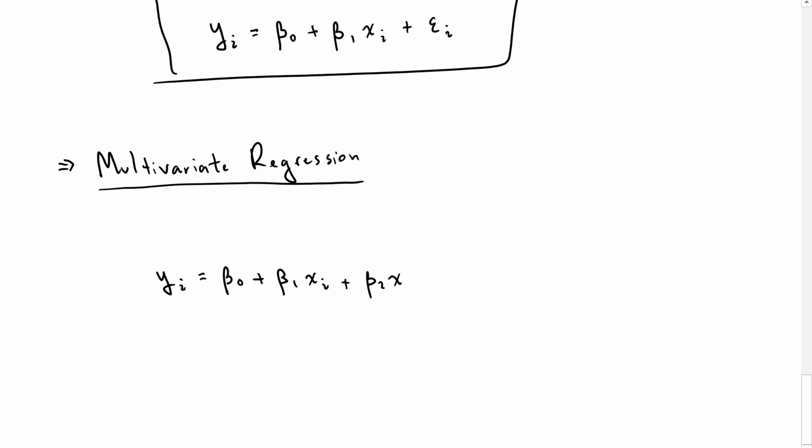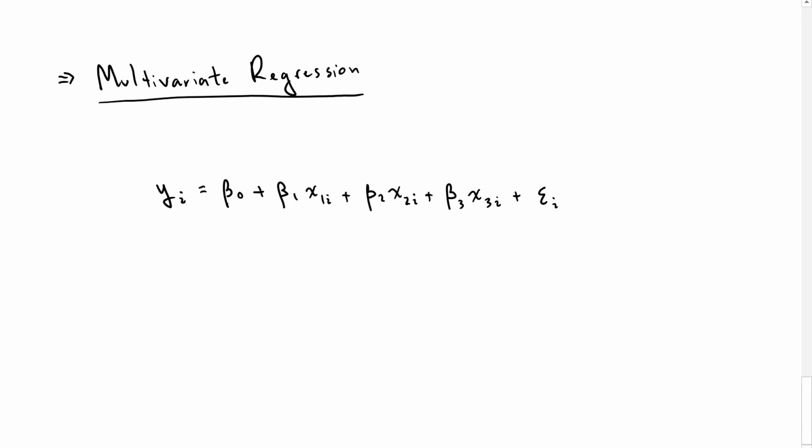Let's do x1i is the first independent variable, x2i is the second independent variable for each person i, plus beta 3 x3i, plus epsilon i. Let's just use a few instead of doing it totally generic.